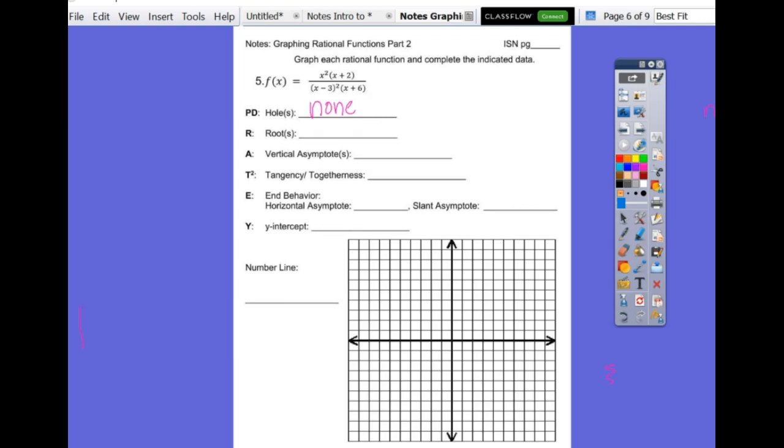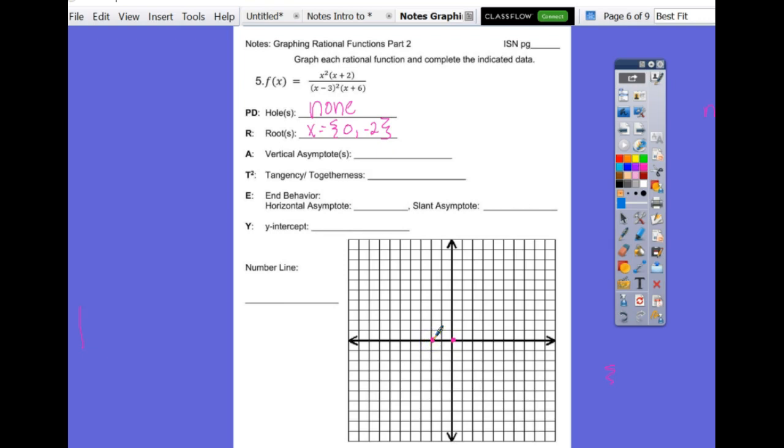So I don't have anything to cross out. So the roots are going to come from the top. So my roots are going to equal 0 and -2. So I'm going to go ahead and put those on. I'm going to have 0 and -2.